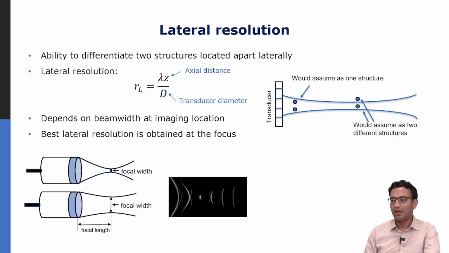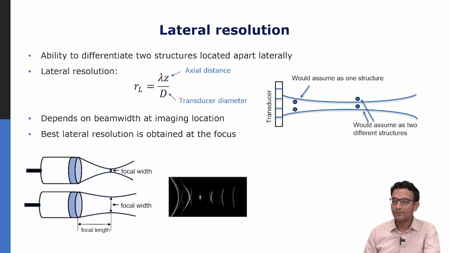Why is that? Well, consider two scatterers that are located within a beam. So now in our imaging, we do not assume a beam as an extended object, but we think of it as a ray. So anything which is located within the beam, there's ambiguity on whether the scatter is coming from a single scatterer or from multiple scatterers.